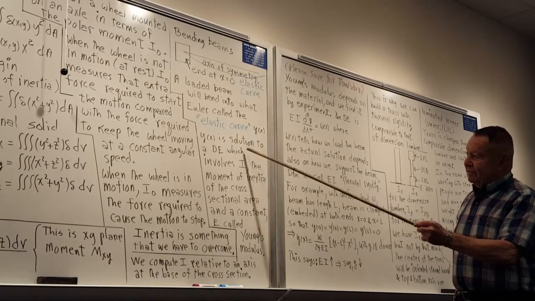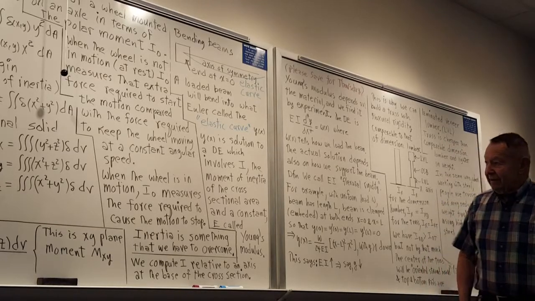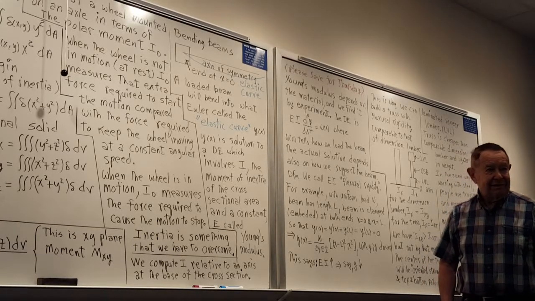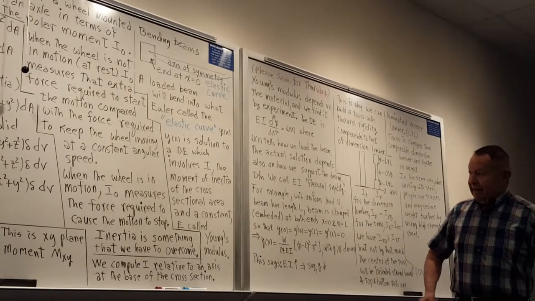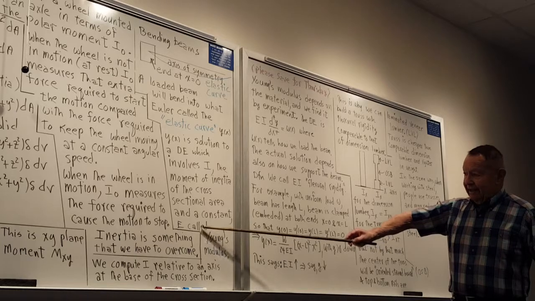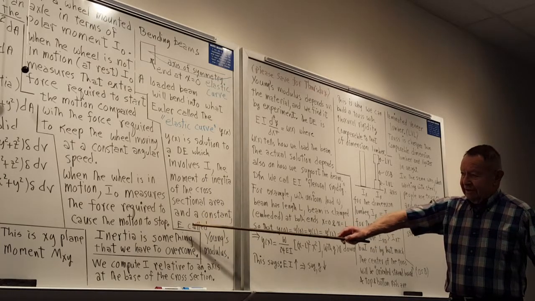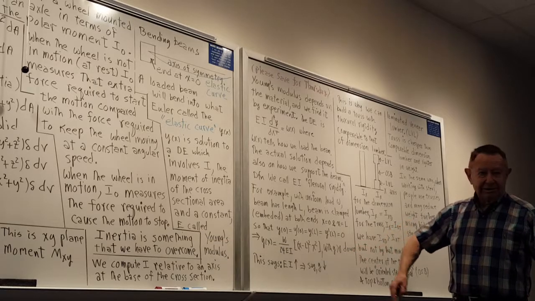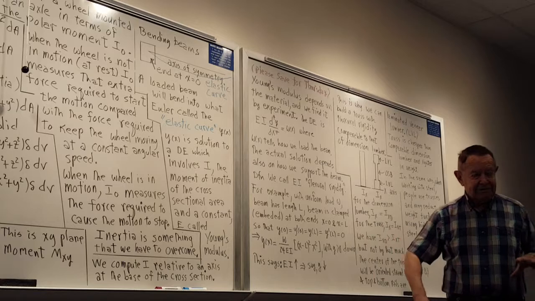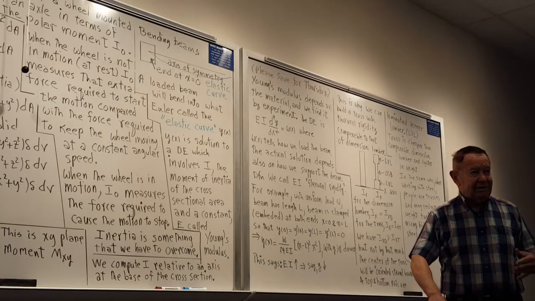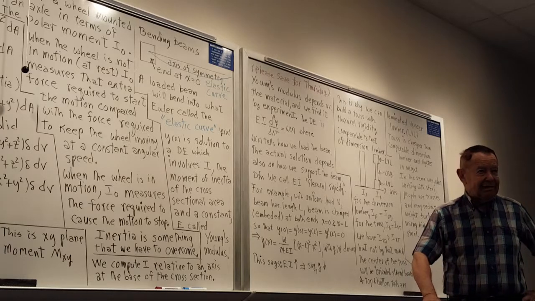The elastic curve is the solution to a differential equation, which involves the moment of inertia of the cross-section. And also it involves another constant, which is called Young's modulus. The E, the Young's modulus, is related to what kind of material it is, and it's something that you determine by experiment.